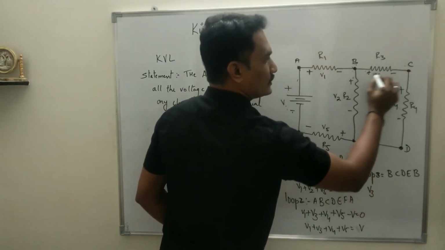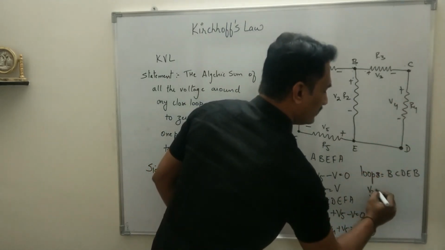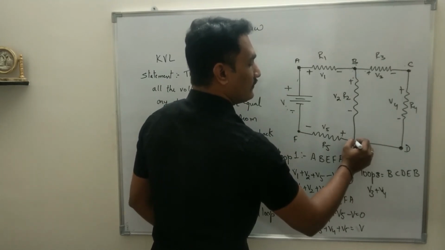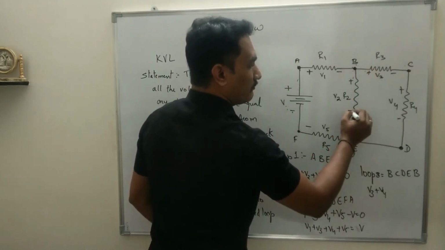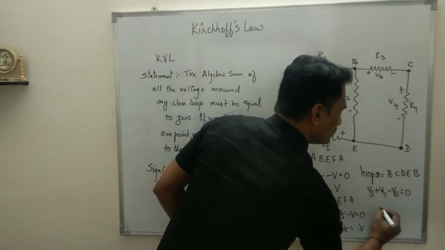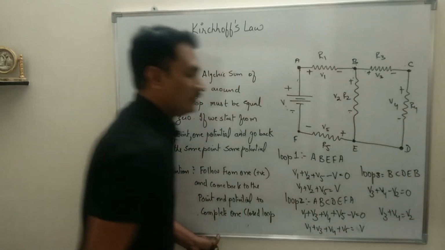B to C, positive to negative, C to D, positive to negative, V4. D to E, there is no resistance, and when you are going from E to B, we are going from minus to plus, so it will be minus V2 equals 0. So V3 plus V4 equals V2.